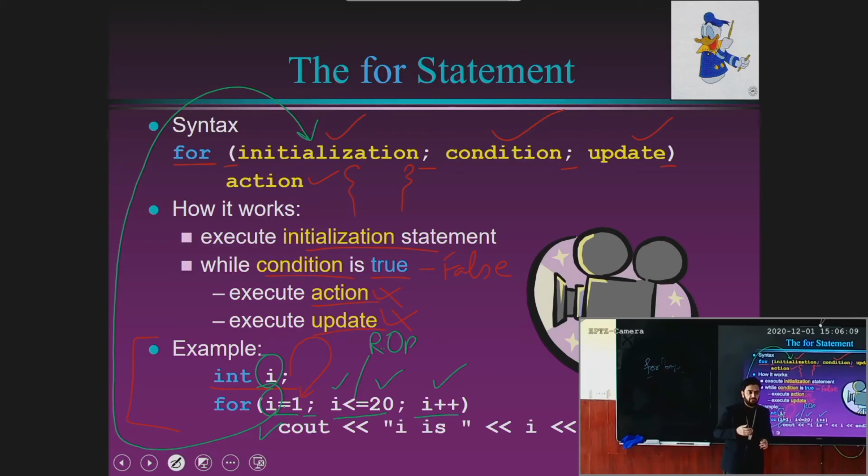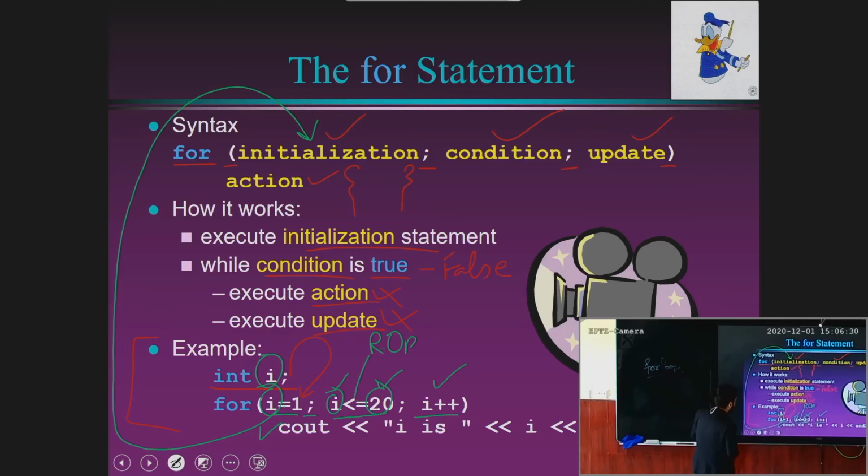In each iteration, the updated value of I is checked in the condition: if I is less than or equal to 20, the condition becomes true and the body will be executed. If it becomes false, the body will not be executed.